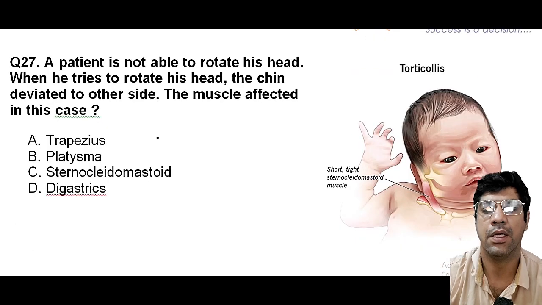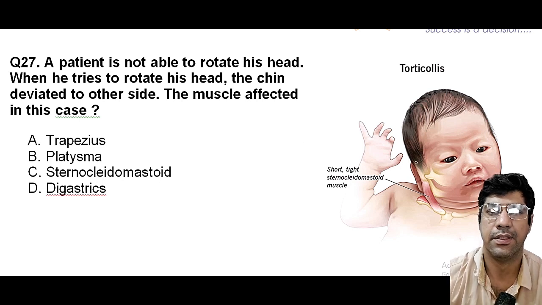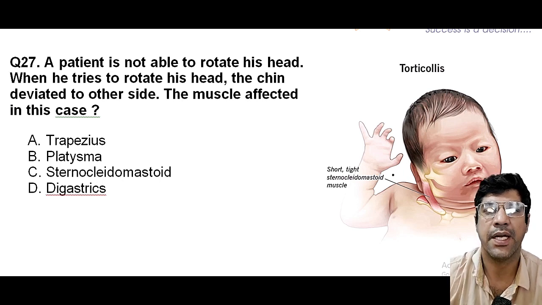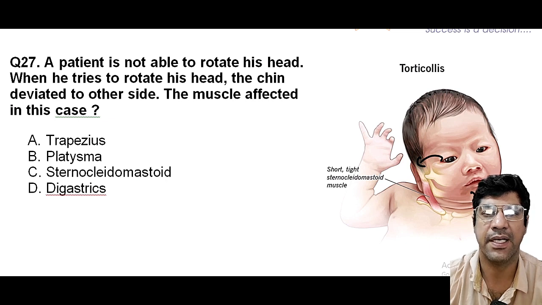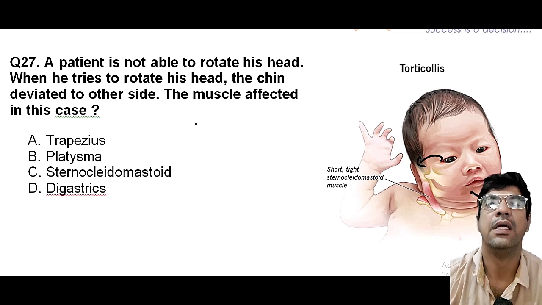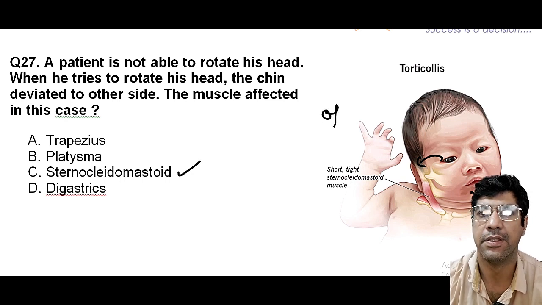Moving to another question: a patient who is not able to rotate his head. When he tries to rotate his head, the chin deviates to the other side. So the muscle that is affected in this case is the sternocleidomastoid muscle. The sternocleidomastoid muscle helps to turn your head in the opposite direction.